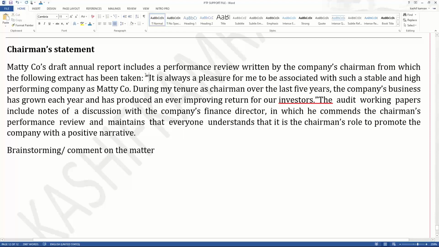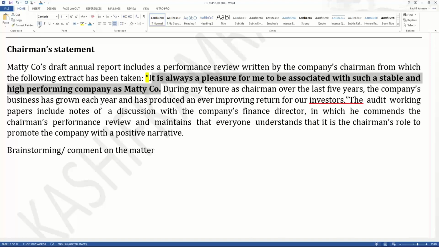The chairman opens: "It is always a pleasure for me to be associated with such a stable and high performing company as METI." Look at this first statement. That's the first statement, which is very contradictory.